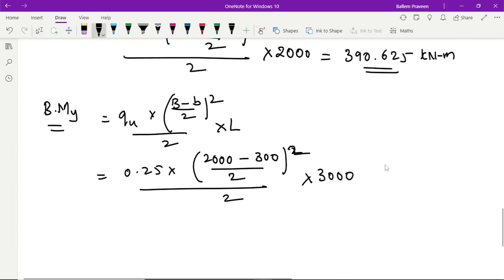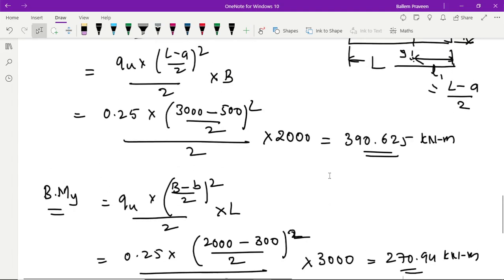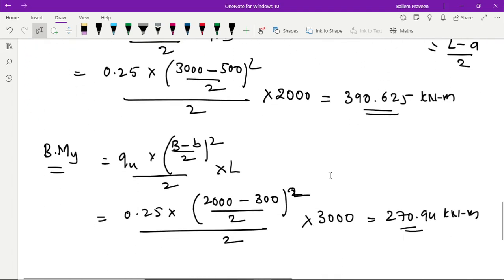So if you calculate this, you will get around 270.94 kilonewton meter.